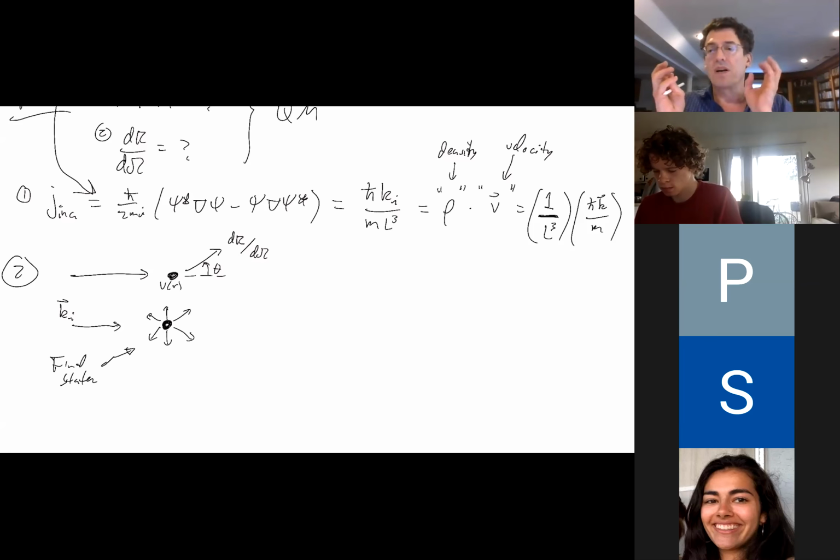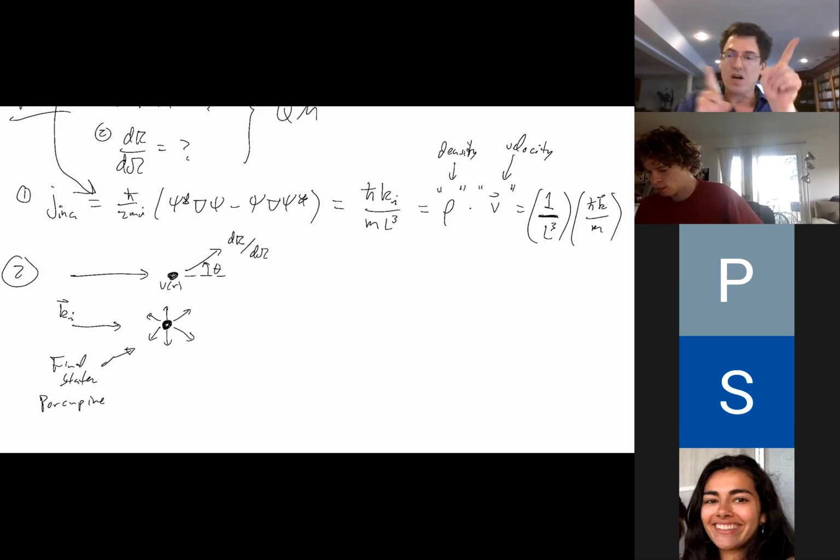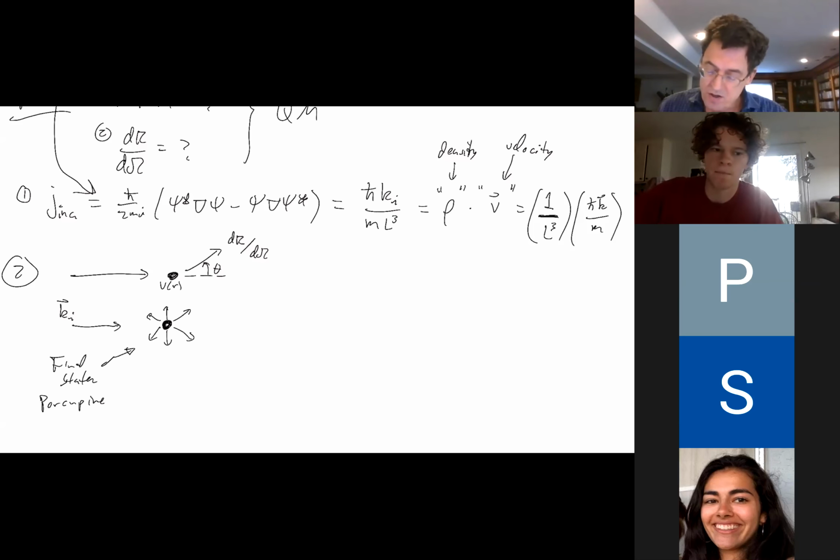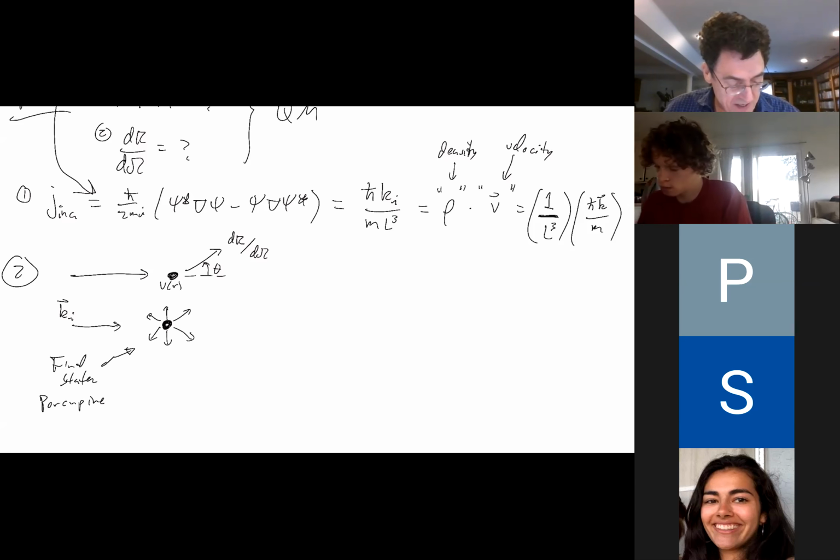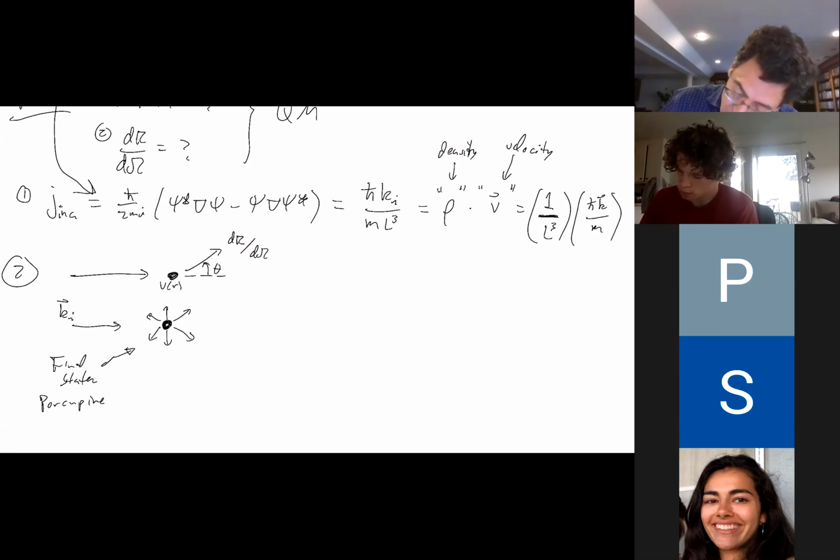It's like a porcupine. That's how I like to think about it. The final states are a porcupine because the particle can go in many, many different directions, like the spines on a porcupine. I just want you to see that there's a continuum of states it can go into.